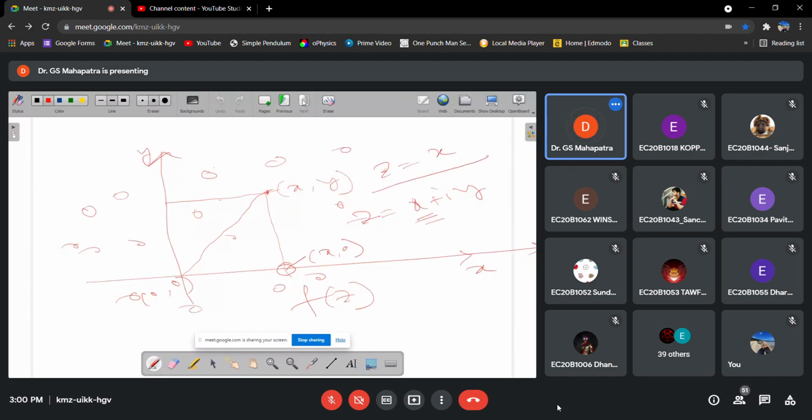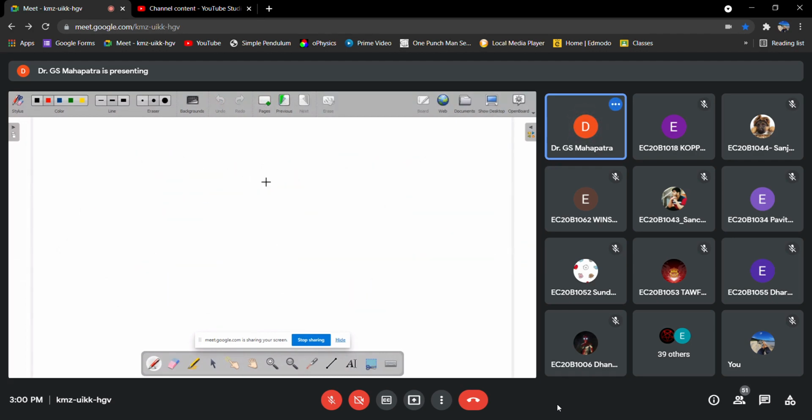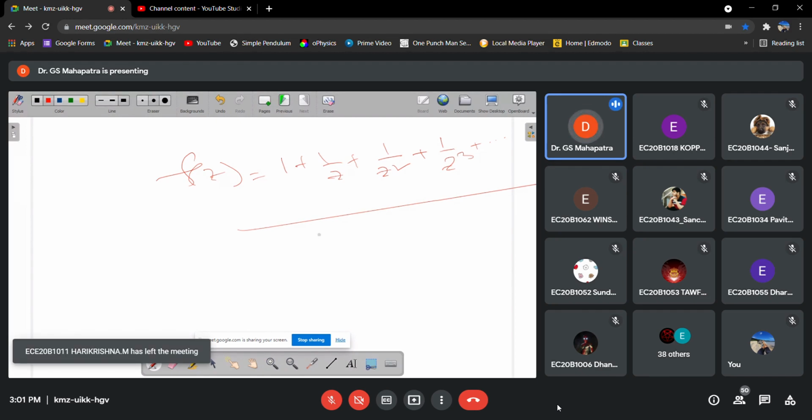So if I say one series, f of z equals 1 plus 1 by z plus 1 by z square plus 1 by z cube and so on, this is a function written in the form of a series or summation form.